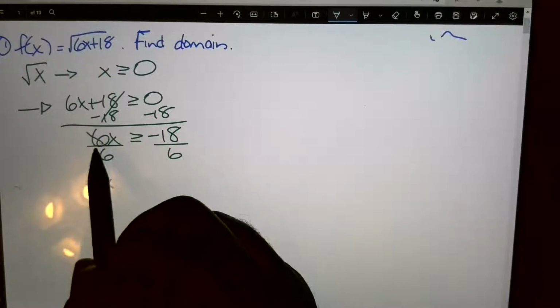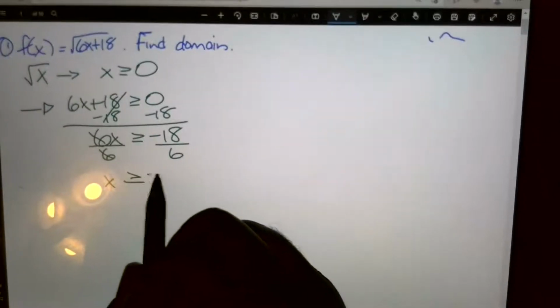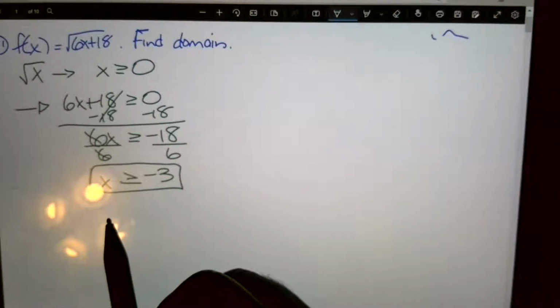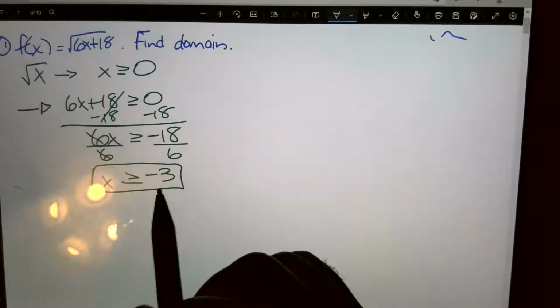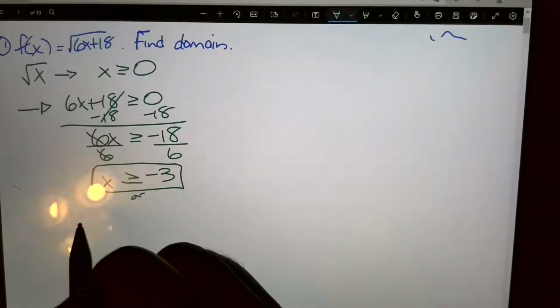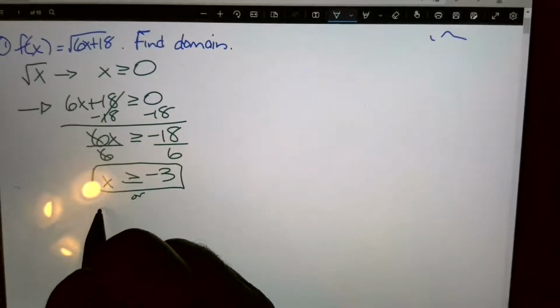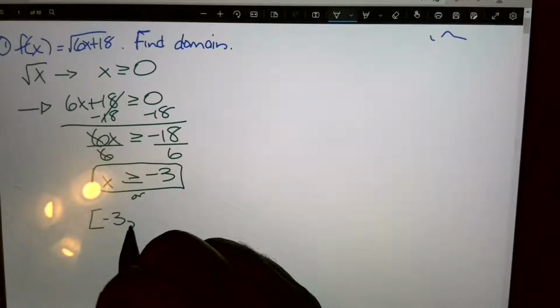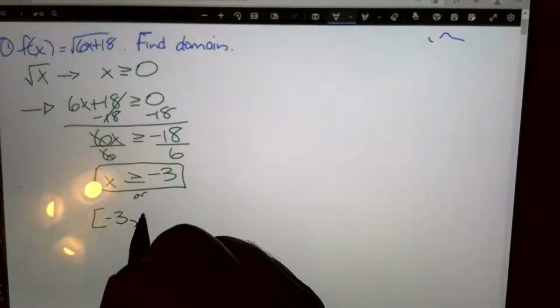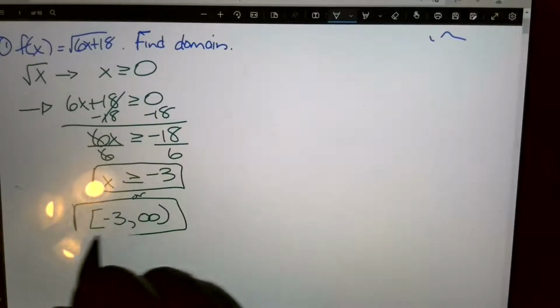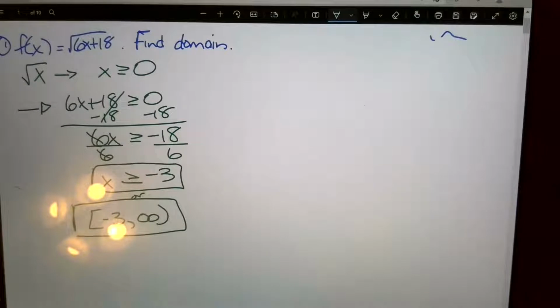That means x is greater than or equal to negative 3. They ask for interval notation. That means that the greater than or equal to means we have a bracket. We have negative 3 as a minimum value, and there is no maximum value. It just keeps going, so infinity. Boom. And that is the answer to that one.